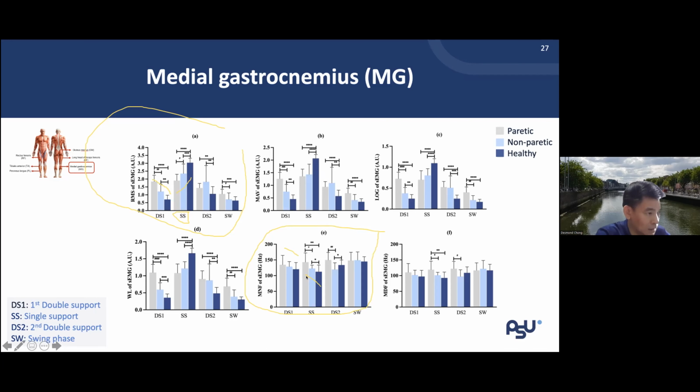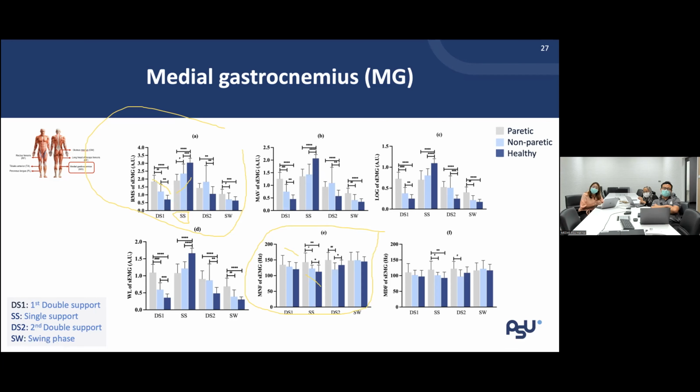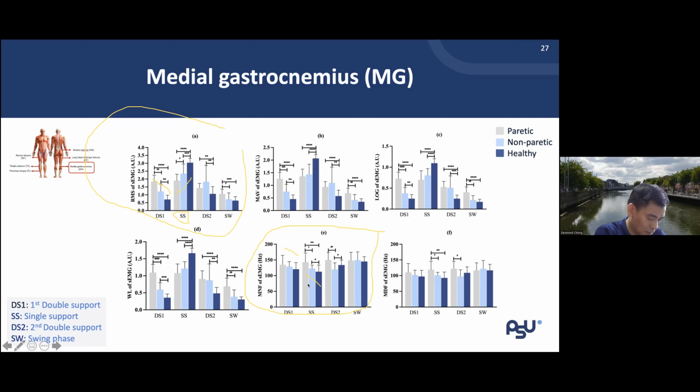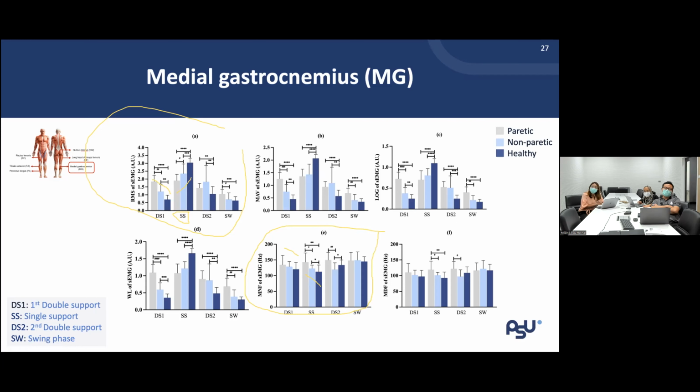Yes, because the frequency could represent the motor unit firing rate, the number of motor units that supply the muscle. In stroke patients, maybe there is some problem with the number of firing units.